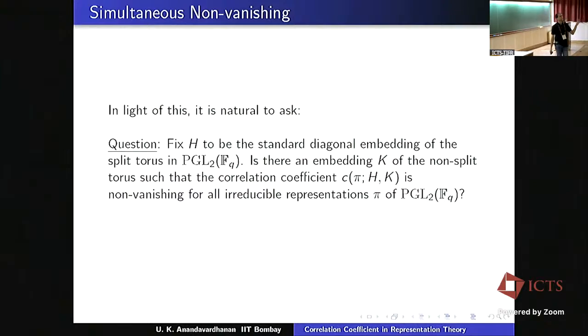So now you change the embedding. The earlier embedding was good for certain purposes. It captured the answer in terms of root number, etc. But if you want this non-zeroness simultaneously, the question is, can you take some other embedding of K such that the correlation is non-vanishing for all representations together? In order to go to cuspidal for PGL2 over QP in the depth zero situation, getting it for all cuspidals is enough.